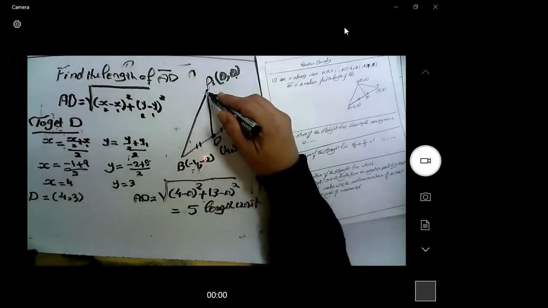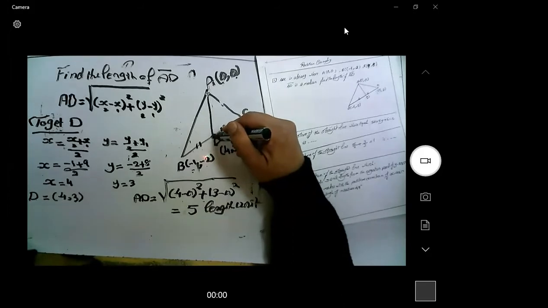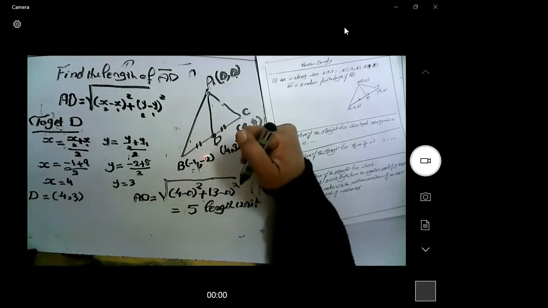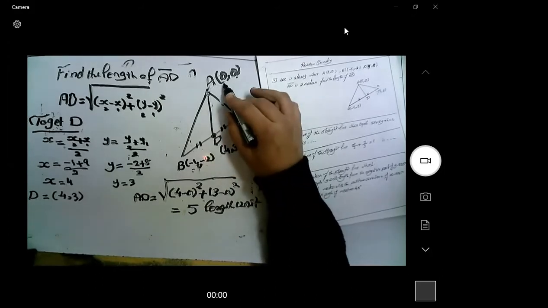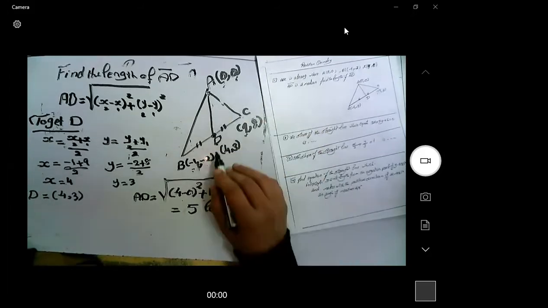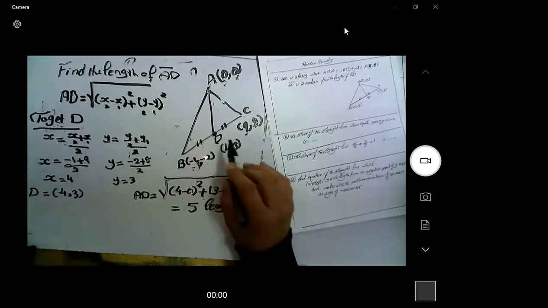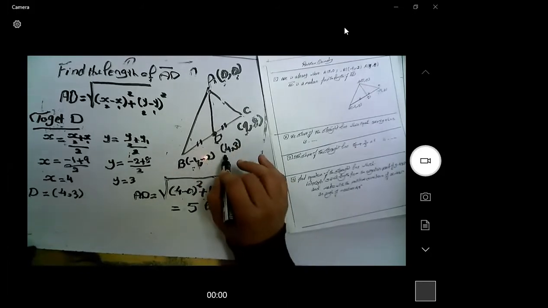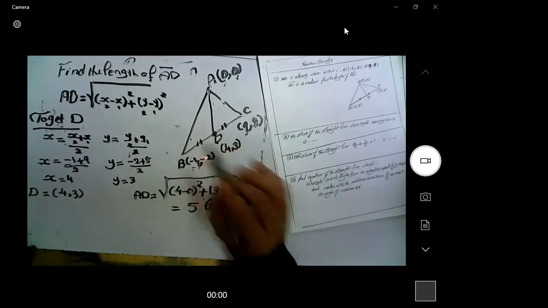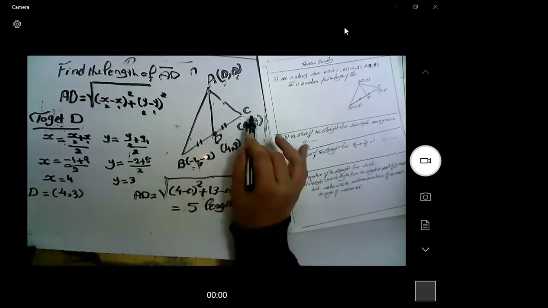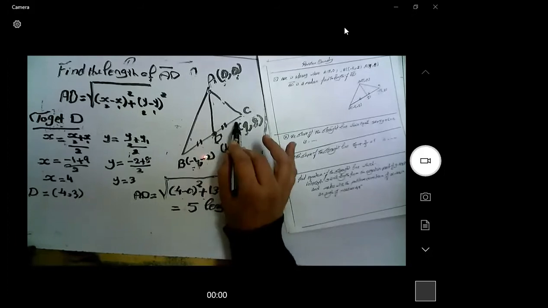If we want to get the length of AD, we need the 2 points A and D. At the beginning, we have the point A, which is the origin point 0, 0. We need to get the coordinates of point D. We will get the coordinates of point D from B and C, considering D is the midpoint of BC.